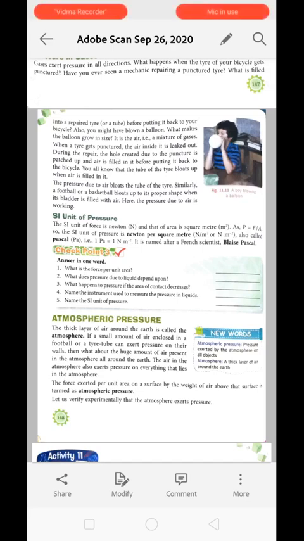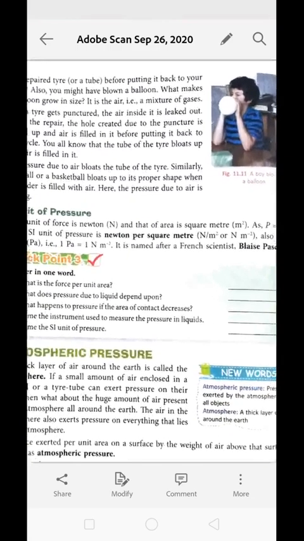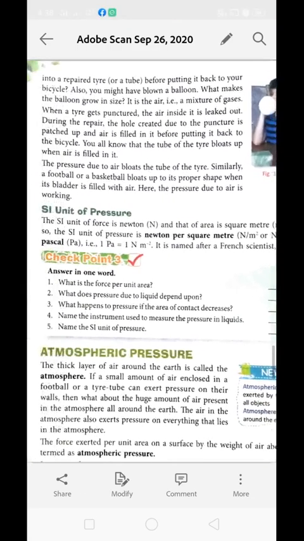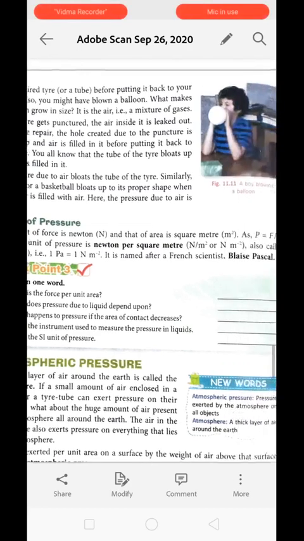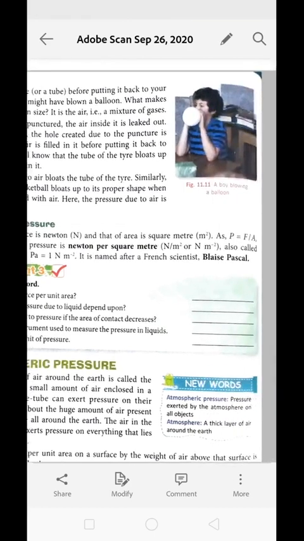Understood? Now, what is the SI unit of pressure? We have already talked about the SI unit of force, which is Newton, represented by capital N, and the SI unit of area is what? Meter square. So we will write it like this: pressure is equal to force per unit area, right?